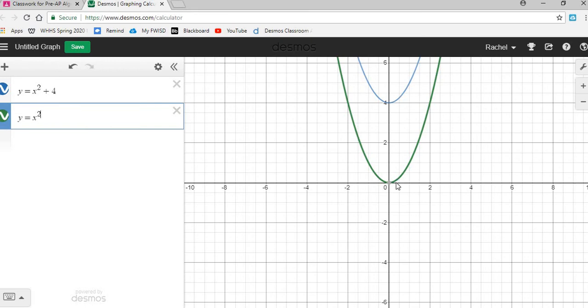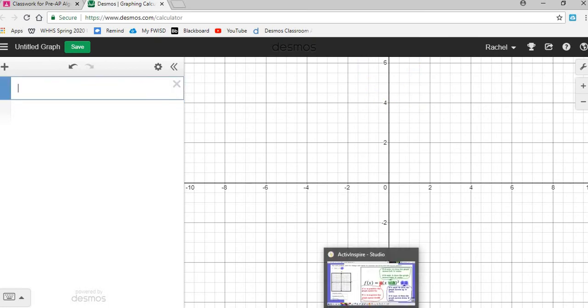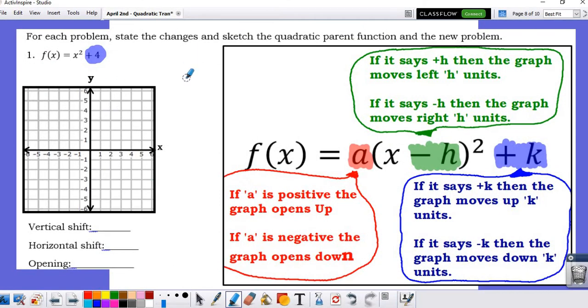So there's the original, and my graph moved up 4. So you can always graph this one. And remember, to delete a graph, you just click the X. Okay. So my graph shifted vertically up 4. It didn't shift horizontally, but it's opening up because it's a positive a out in front.